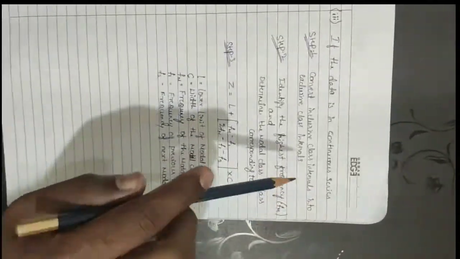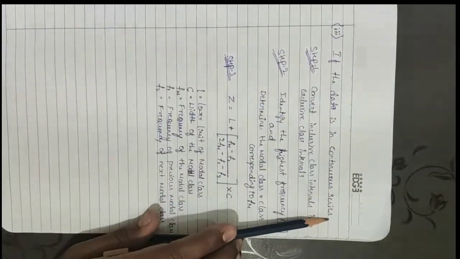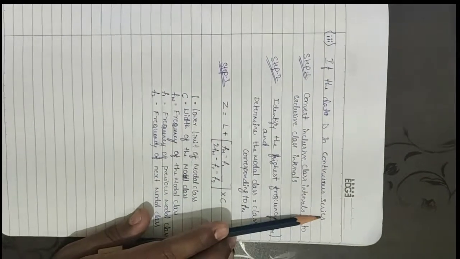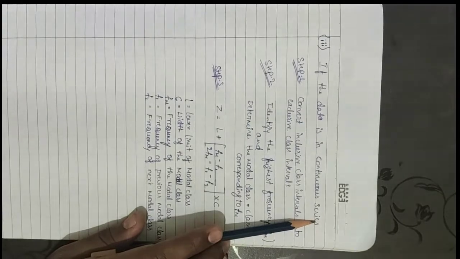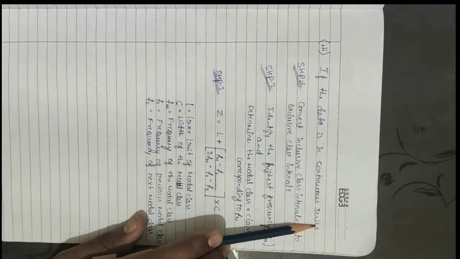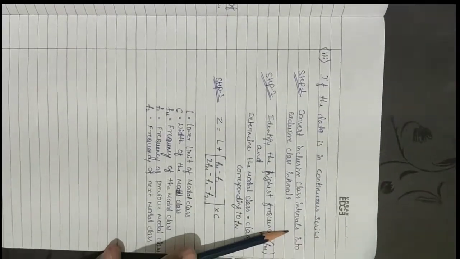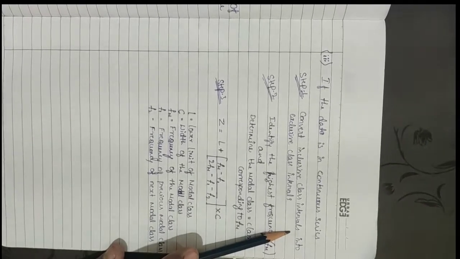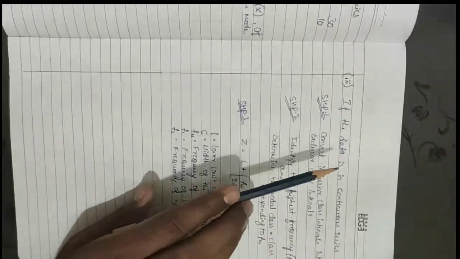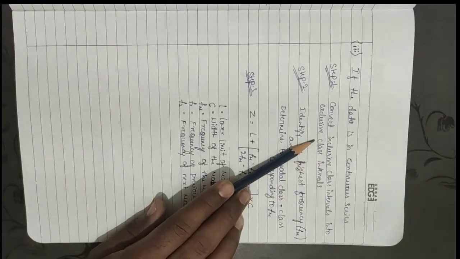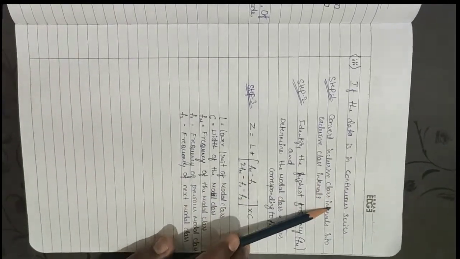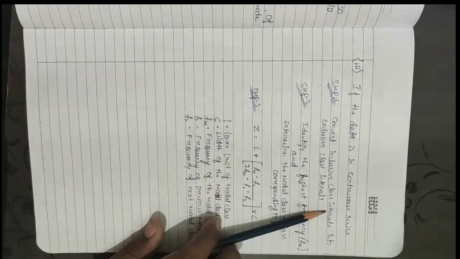Suppose the data is in continuous series, as I have told, like 0 to 10, 10 to 20, and so on. Now I will tell you the formula and the steps. First, you have to convert inclusive class intervals into exclusive class intervals.